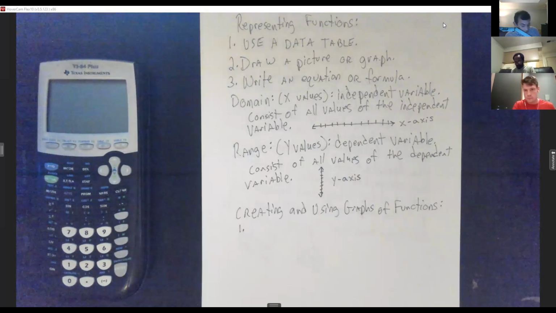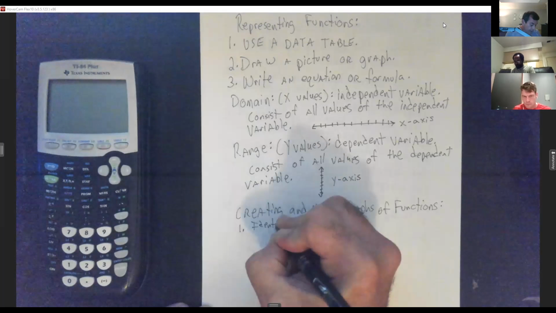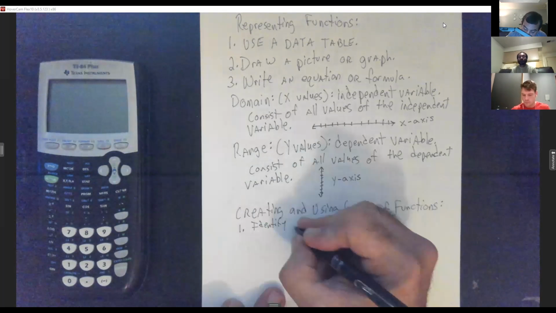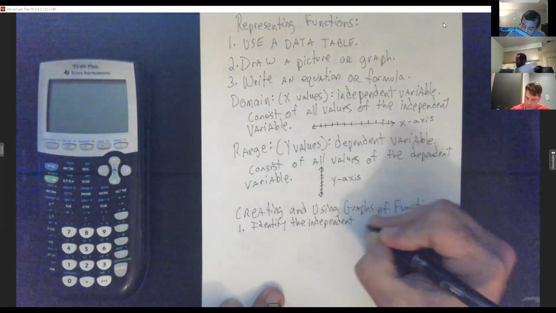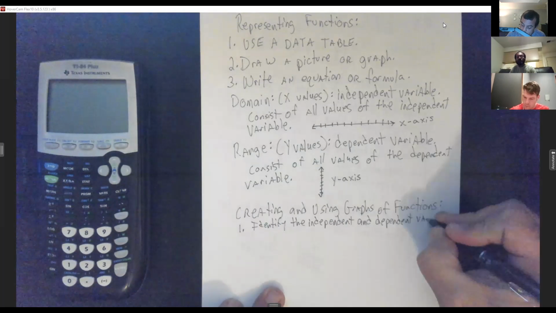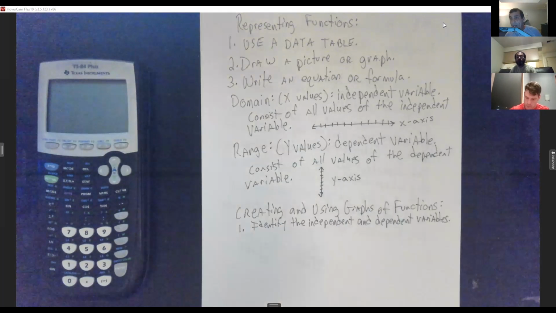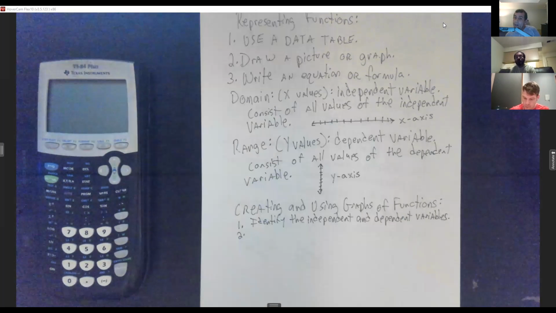So step 1 on doing a graph on this, identify the independent and dependent variables. And remember, variables are just the quantities that you're comparing on these, okay? Step 2, once you know what your independent and dependent variables are, you're going to identify the domain and range.